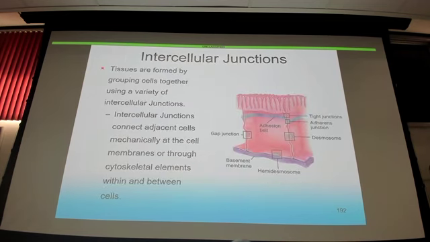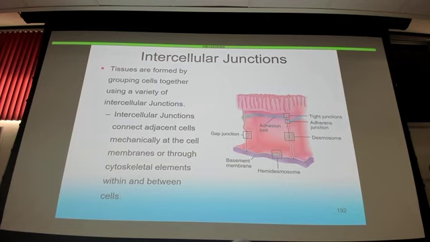But when we look at tissues, they have to be connected. They do that by using intercellular junctions. We're going all the way back once again. We're going to use integral proteins, just like we use them to be potassium pumps. We're going to see that they actually help with connecting these cells.